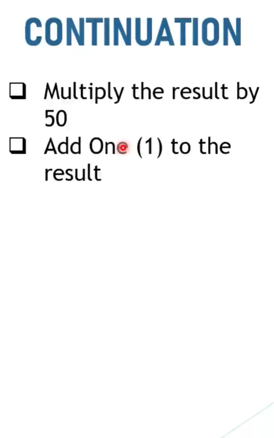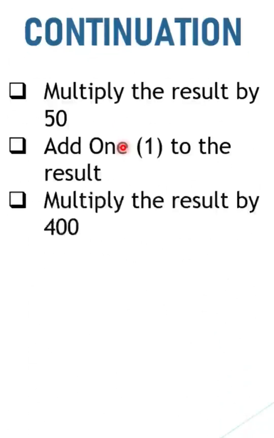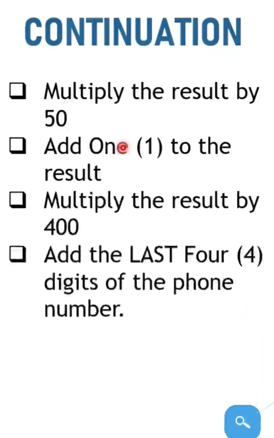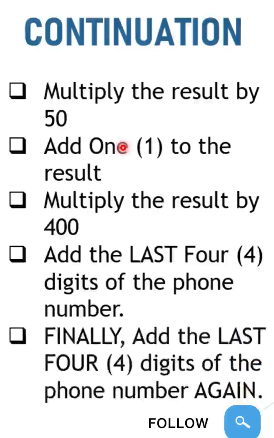Now you add 1 to the result. Multiply the result by 400. Add the last 4 digits. Remember, we added the first 3, the next 3, and now we are left with the last 4 digits. You add the last 4 digits. Add the last 4 digits again. So you repeat it, and then you ask for the answer from the person.